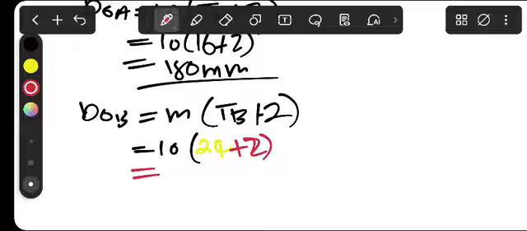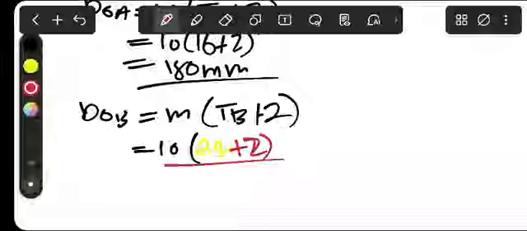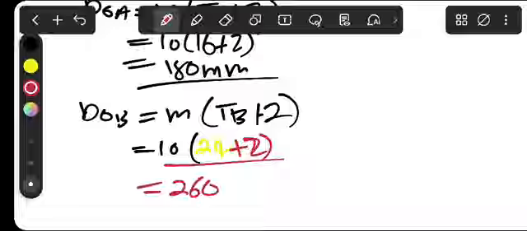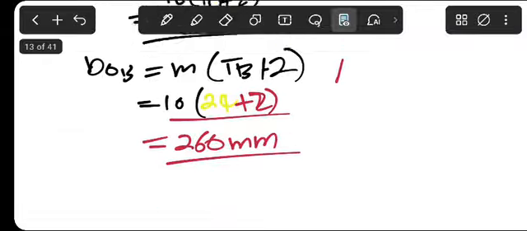Punching these in, this will be 260 millimeter.